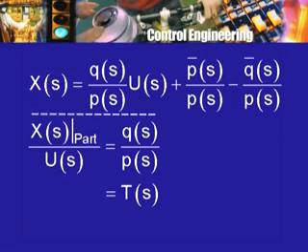So, in other words, we are not looking at the entire x(s), but we are looking at a part of it. This is Q(s) by P(s), and this was our definition of transfer function. Transfer function was the ratio of the Laplace transform of the output or a particular part of it to the Laplace transform of the input.